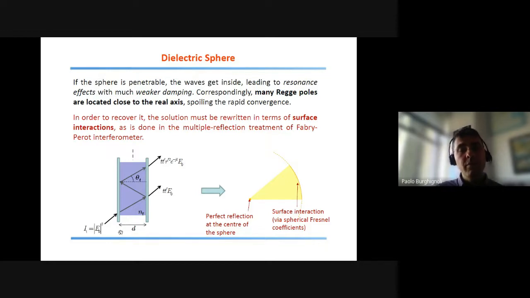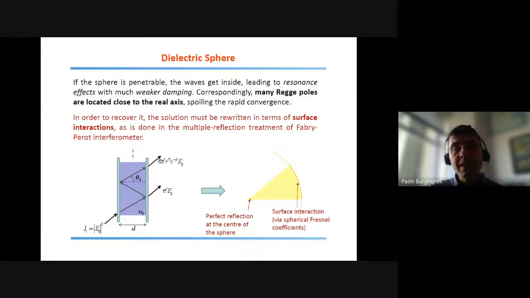You know, the Fabry-Perot interferometer is based on a plane parallel cavity. So there is a ray that impinges from the left. This ray enters the cavity and starts bouncing back and forth. Each time it produces an exit ray, and there will be a system of infinite exit rays that are summed coherently on the exit side to produce the transmitted field.